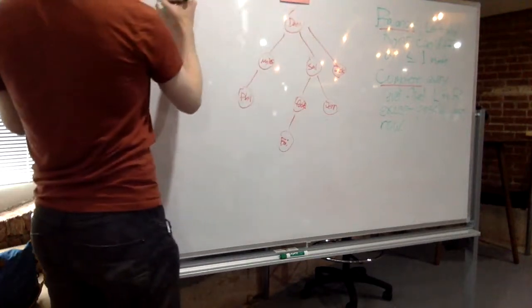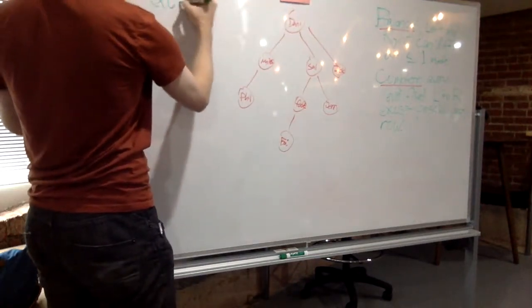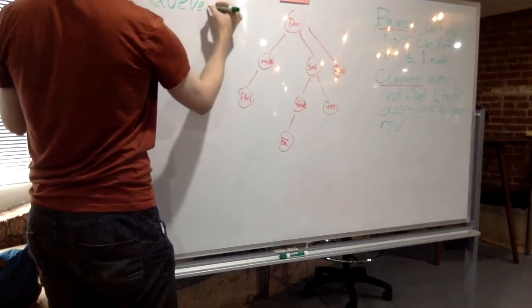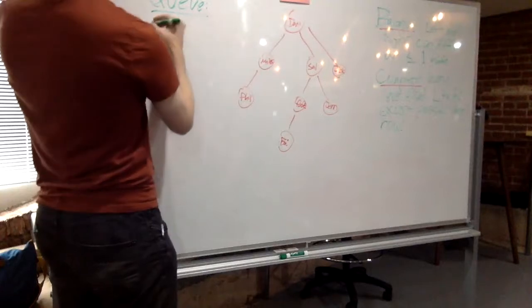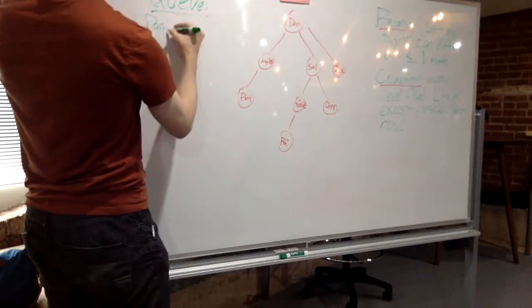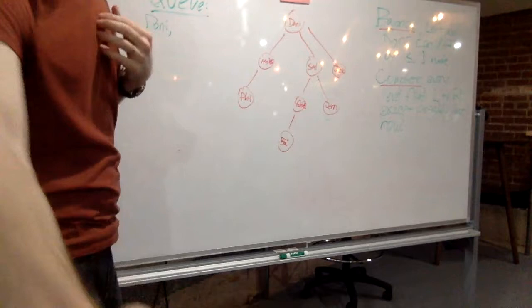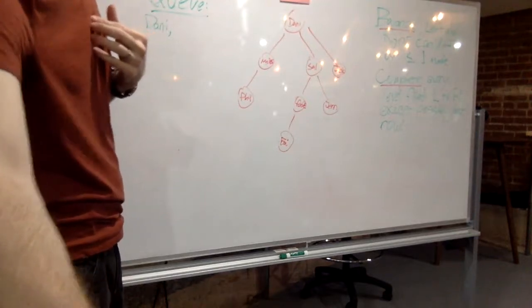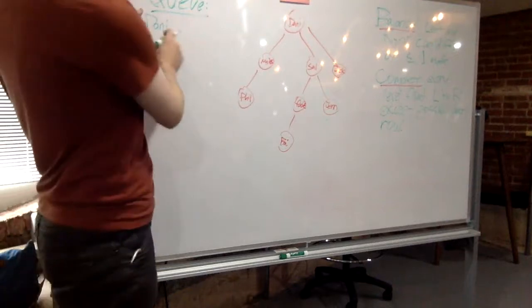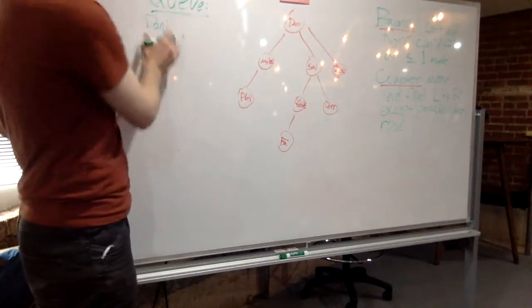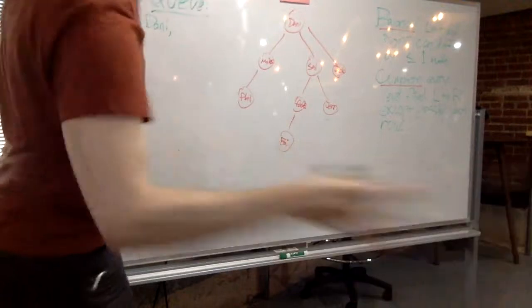So here's our queue. So we enqueue Danny. And then the algorithm goes like this. It just loops here. While the queue is not empty, we take a node off the queue. So we're going to pop Danny back off the queue.